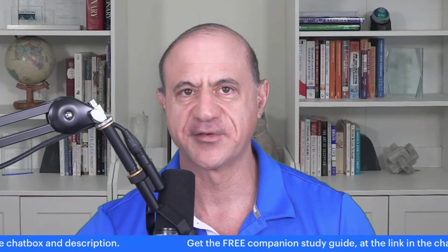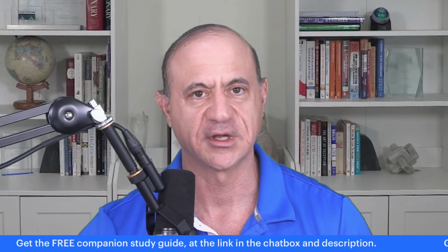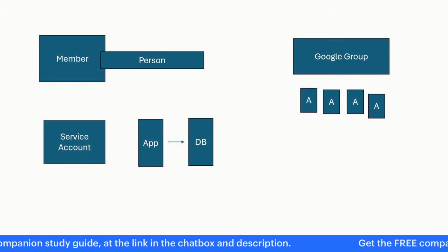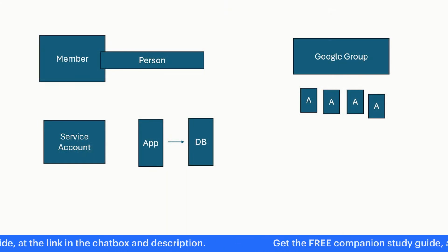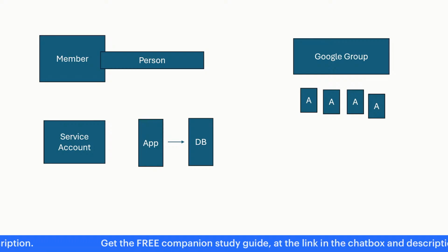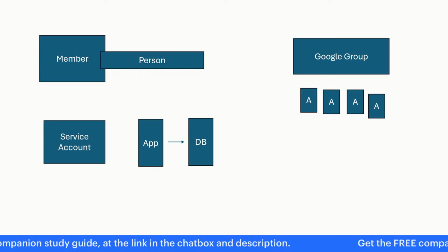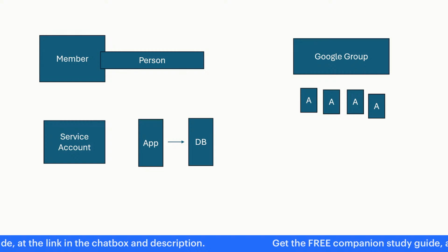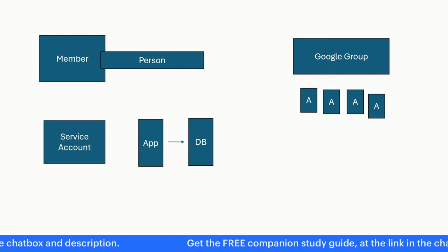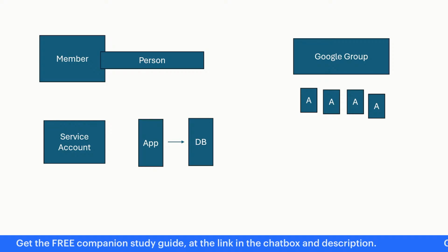Now, we talked about service accounts before, and service accounts are for one system to access another system. So going back, we might need a service account to run a batch job, process a transaction, or integrate to an external system. For example, we could be running code executed in a Google environment, but it could be under a specific service account.